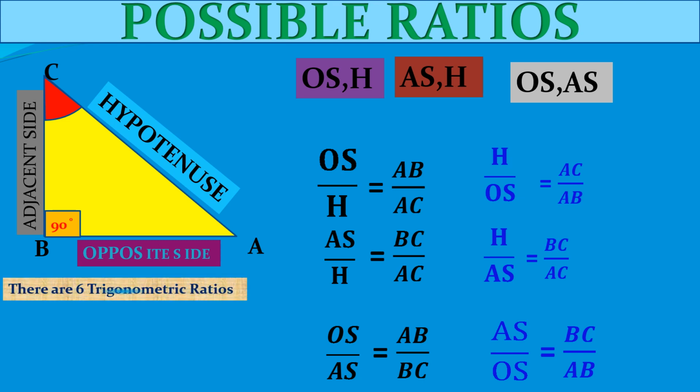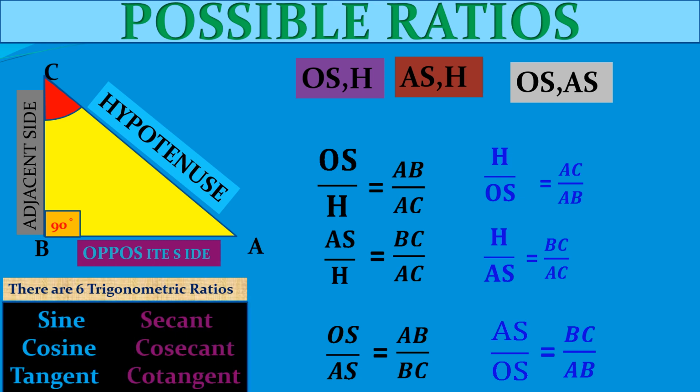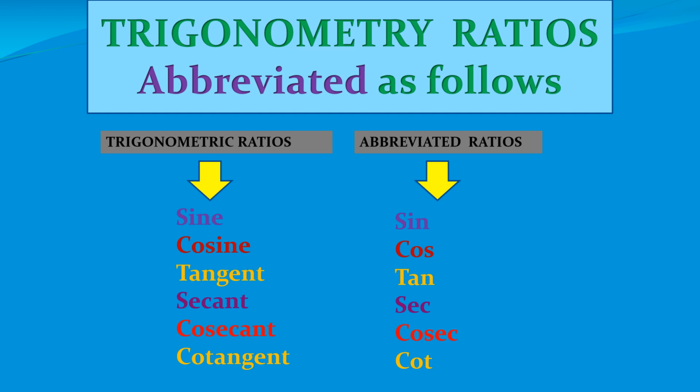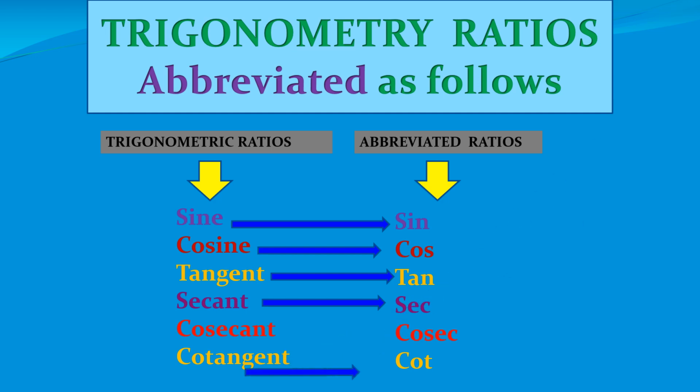That's why in trigonometry there are 6 ratios, namely sine, cosine, tangent, secant, cosecant, cotangent. These are abbreviated as follows: sine as sin, cosine as cos, tangent as tan, secant as sec, cosecant as cosec, cotangent as cot.